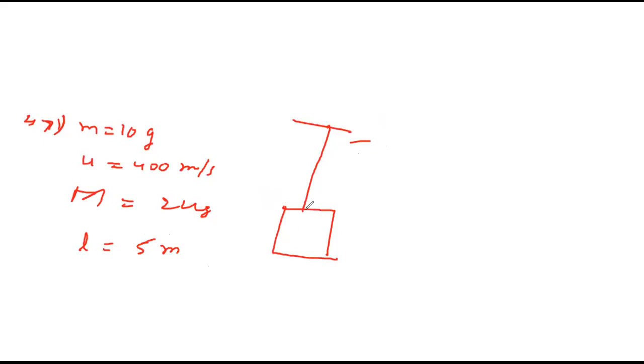As a result, the center of gravity of the block is found to move upward by 10 centimeter. The speed of the bullet when it emerges out from the block horizontally will be how much?